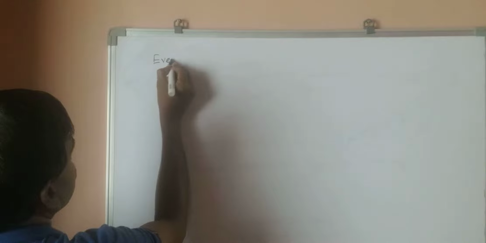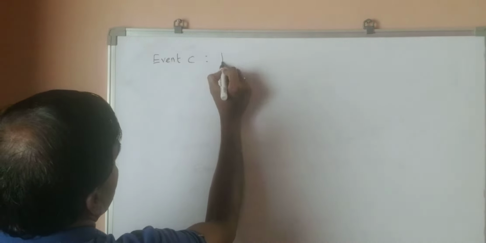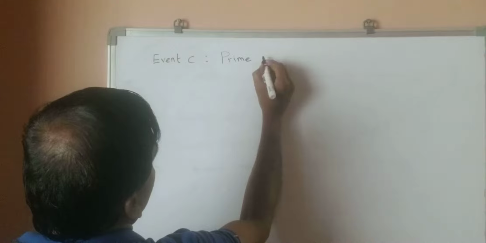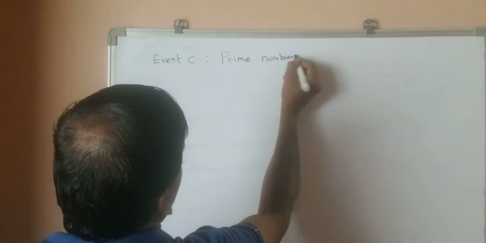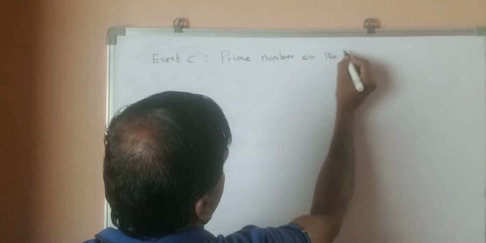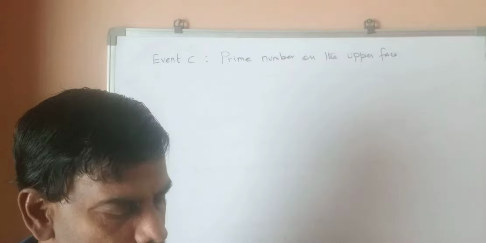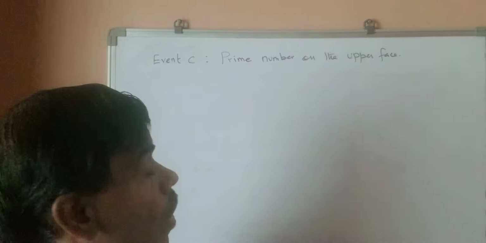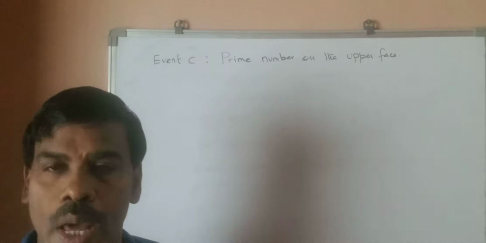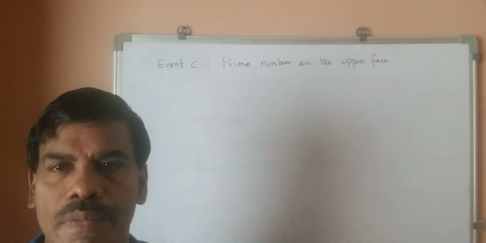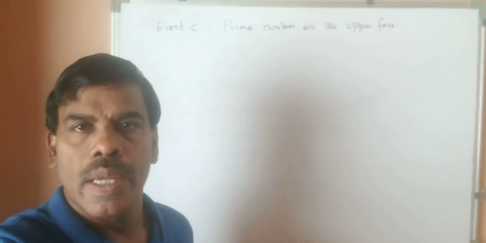One more question is there. Another event, prime number on the upper face. Now you tell me what is called a prime number. Prime number means a number which is divisible by 1 and itself.